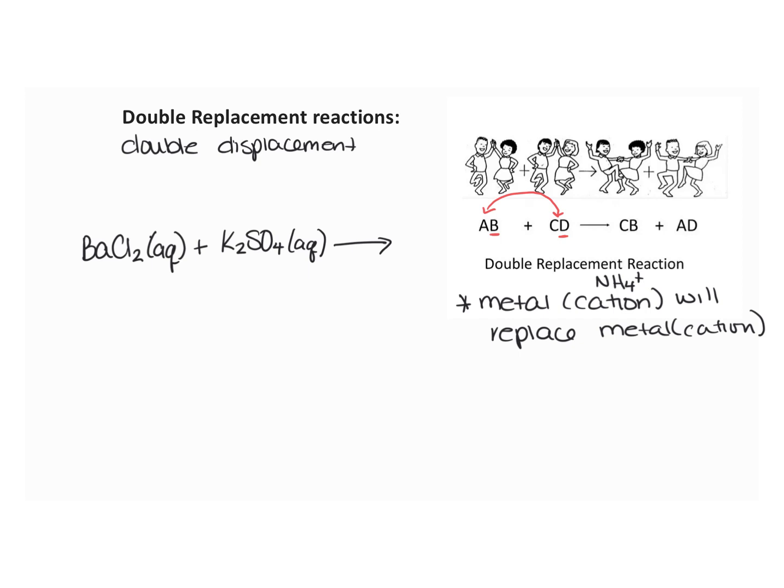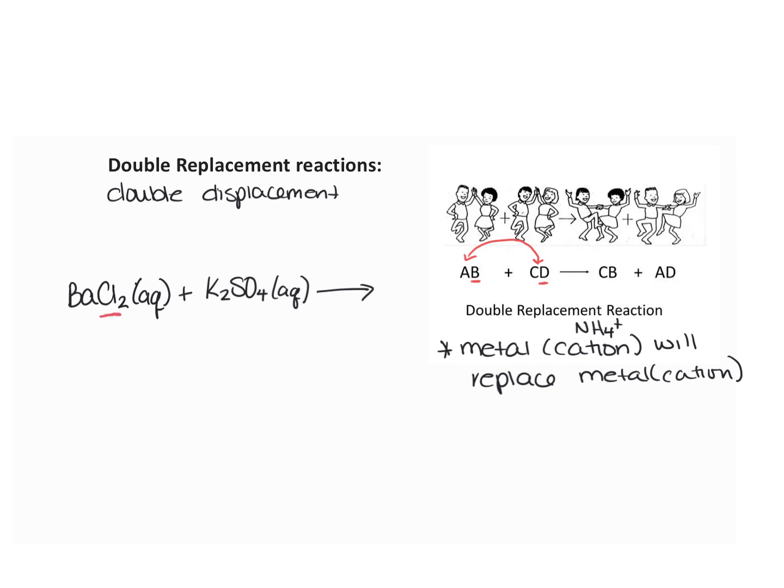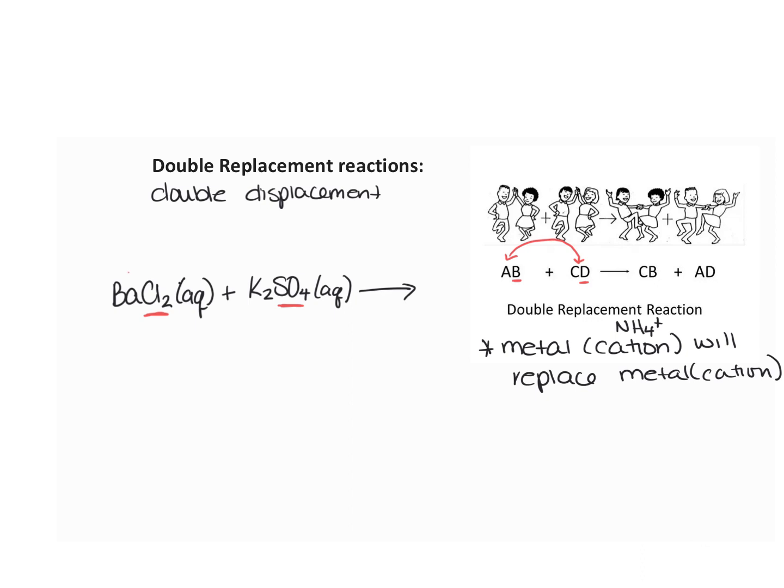So when we come here, we say, okay, hey, look, my first product, what I'm going to do is I'm going to keep the chlorine and the sulfate there. And I'm just going to switch the barium and potassium. But here's the deal. We know these have different charges. So we have to look at these as the ions that they are. So when we do this, we come here and we say, hey, look, barium, and I'm going to do this up here.